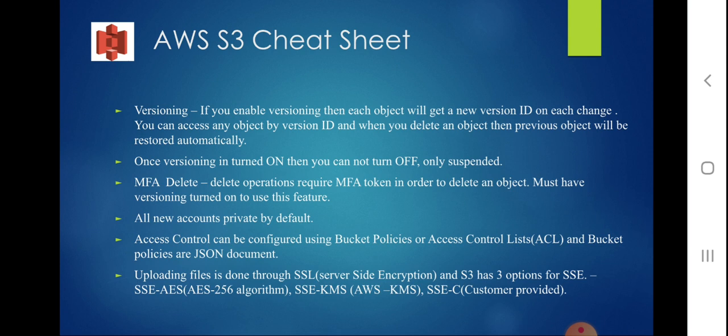Like you can have read access, write access, or delete access. You can specify all of these things in a JSON document, and you can copy it or upload it to the bucket policies section, and that will give you more control on the access part. So that will restrict access as well.